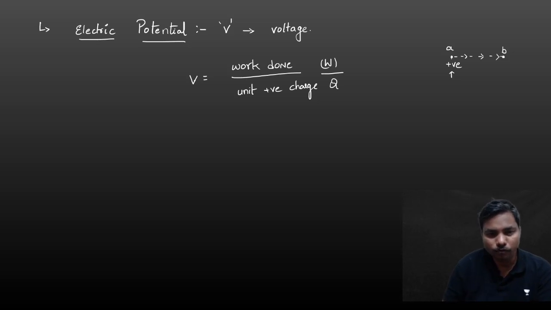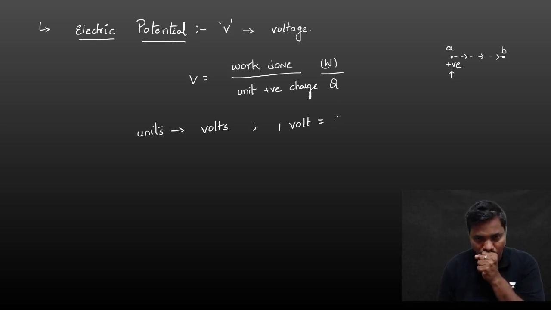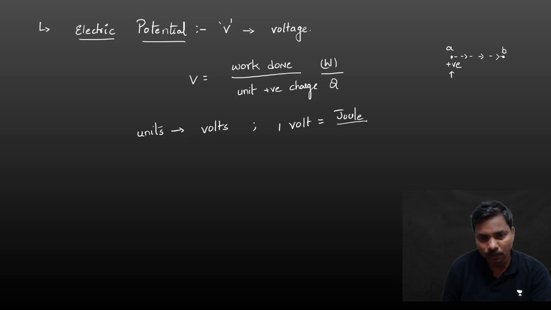So voltage or potential is equal to work done by unit positive charge. Units of voltage or potential is nothing but volts. Here 1 volt is equal to, work units are joule, charge units are coulomb. So joule per coulomb, very important. 1 volt is equal to 1 joule per coulomb.